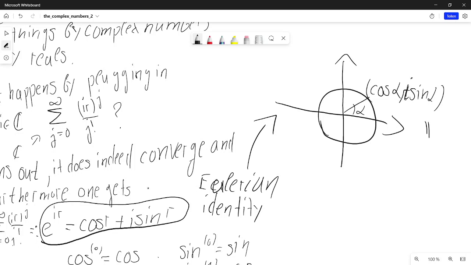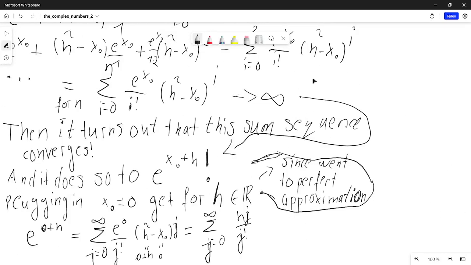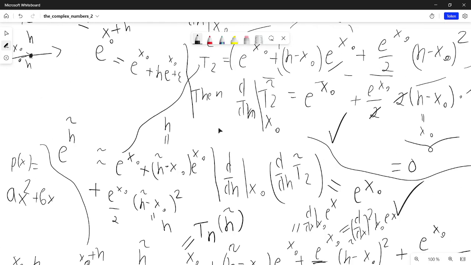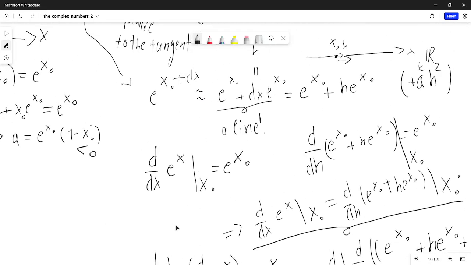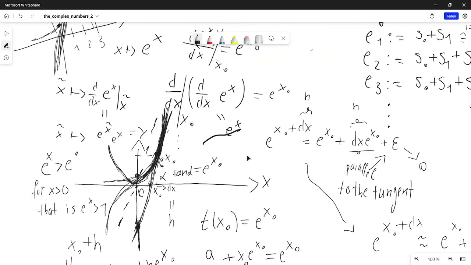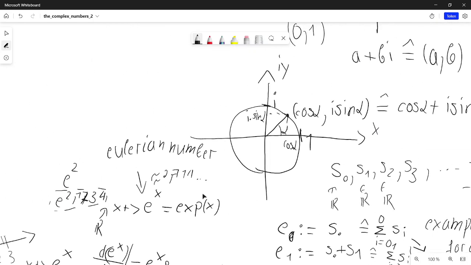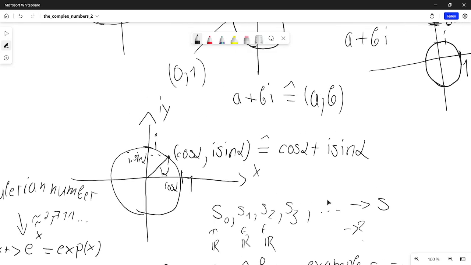But now it turns out, as we said first, we can identify this with that, as we said.